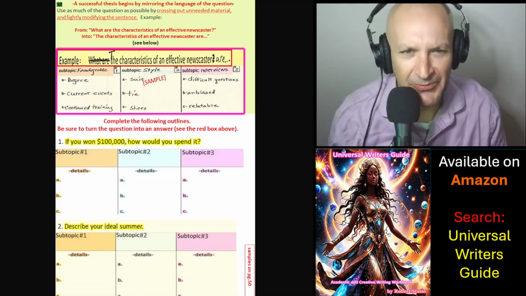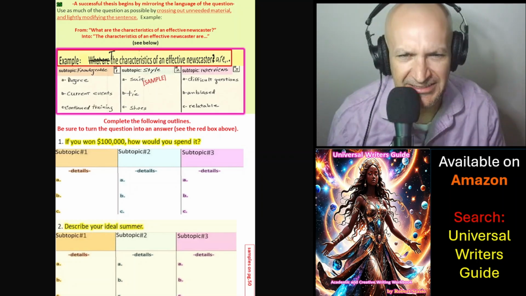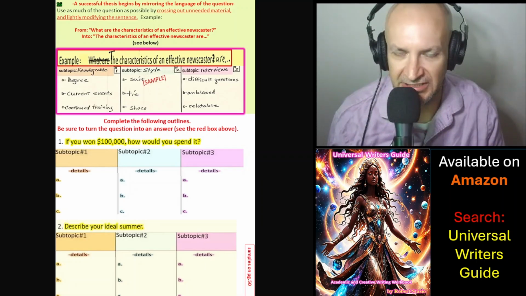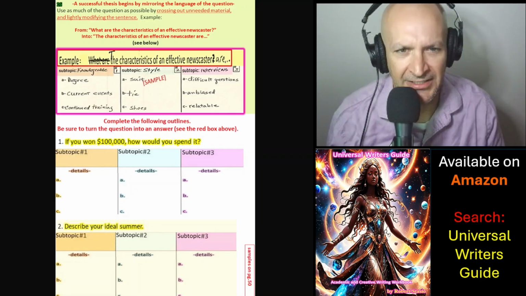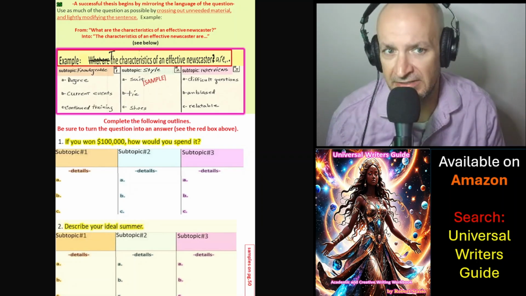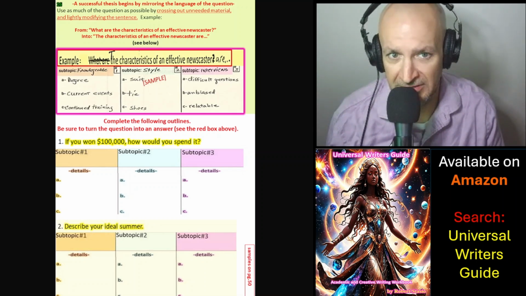Anyways, what are the characteristics of an effective newscaster? This is our question that our fictitious instructor posed to us. And you can see in the example that what I've done there is that at the top where the thesis is in yellow, we have the question, what are the characteristics of an effective newscaster?